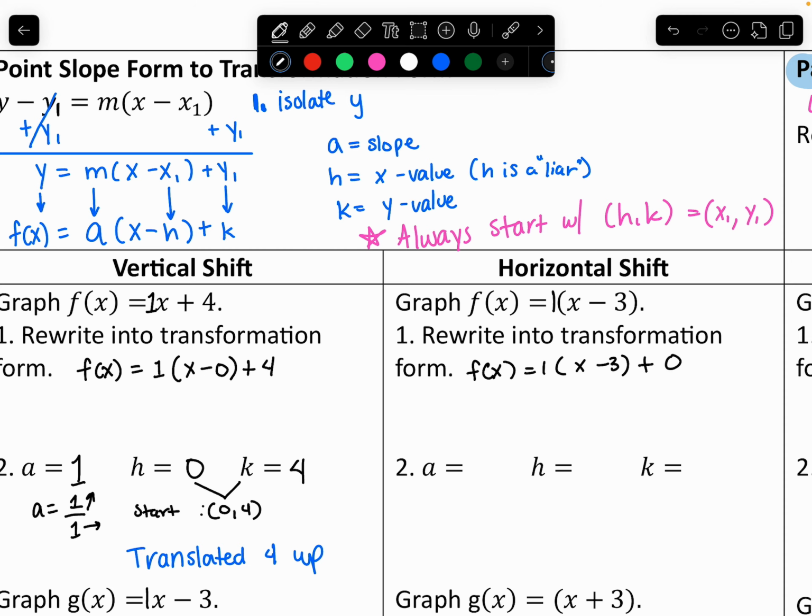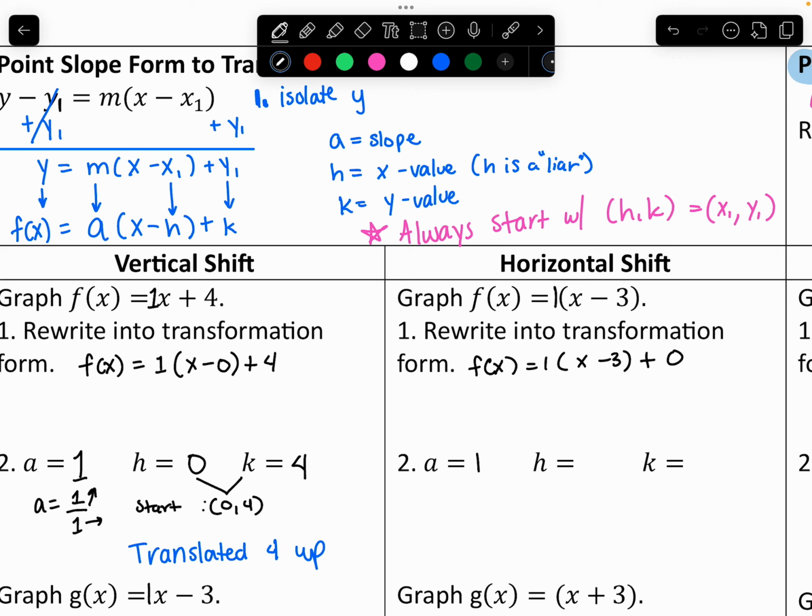K is missing. So now we don't have a k, so it's going to be plus 0. So a would be 1. Again, h is a liar, so it's not going to be -3, it's going to be +3. So h is a liar. So k would be 0.